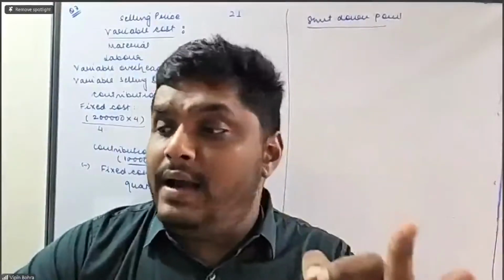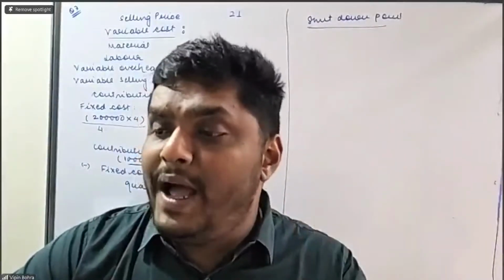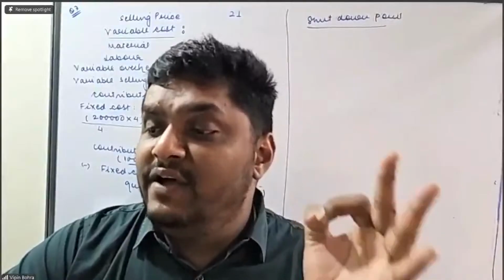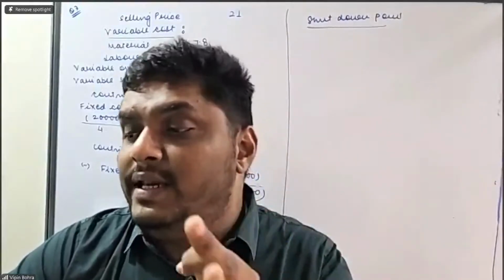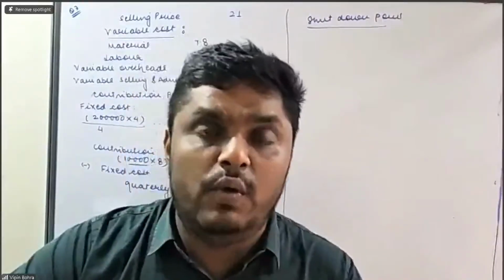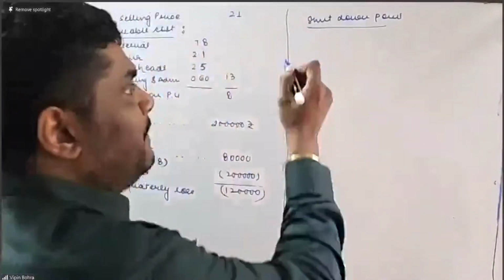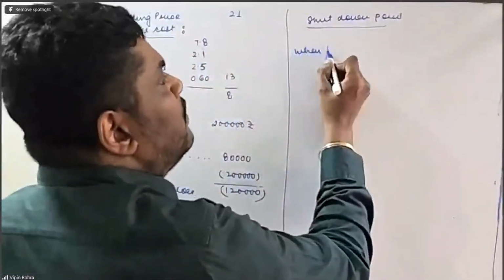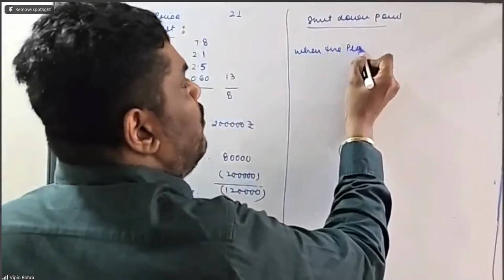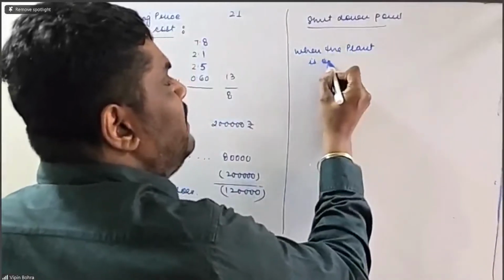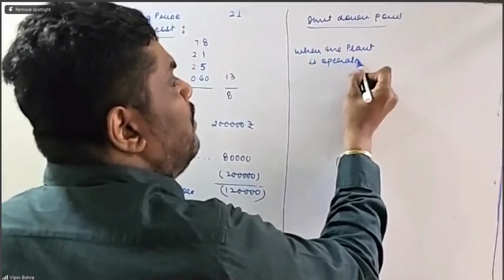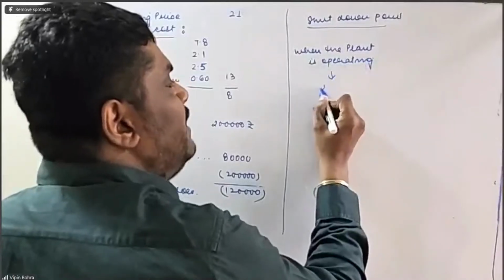Management plans to shut down the plant, estimating that the fixed manufacturing overheads can be reduced to 74,000 for the quarter. Currently, when the plant is operating, how much is my fixed overhead? 2 lakh.